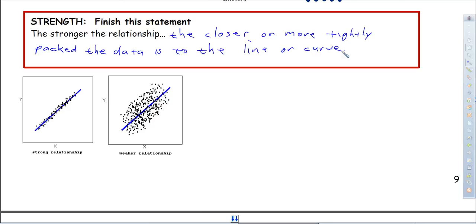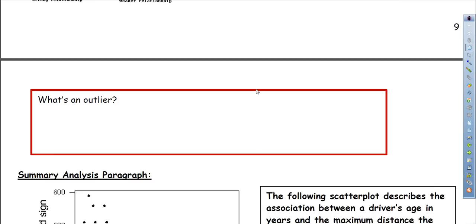So direction, form, strength, and our last one, outliers. Now we'll move on to the next page, just looking at that.